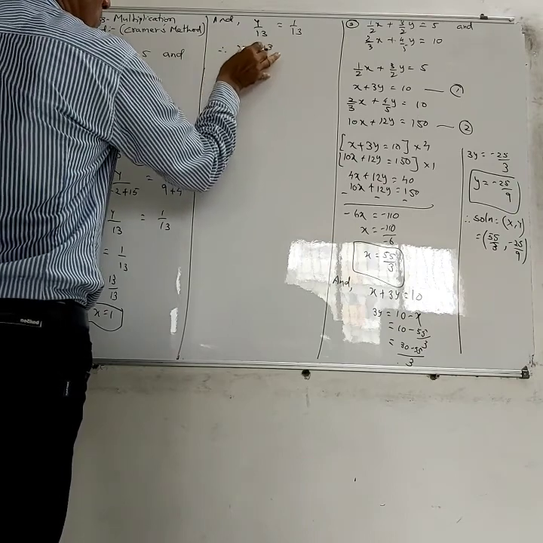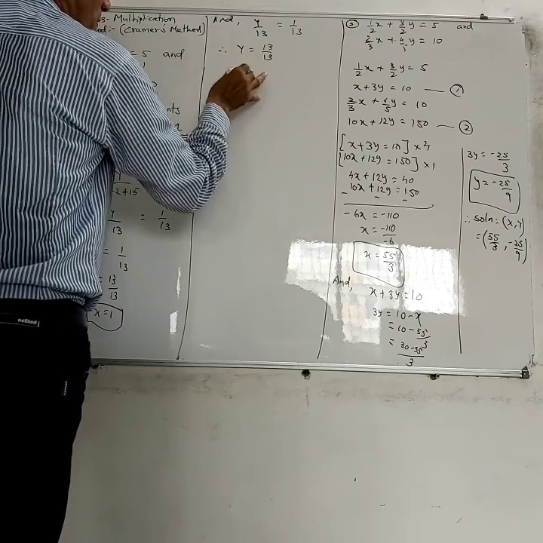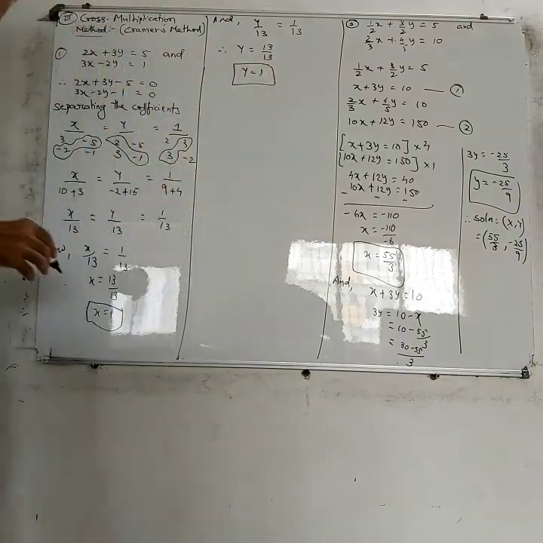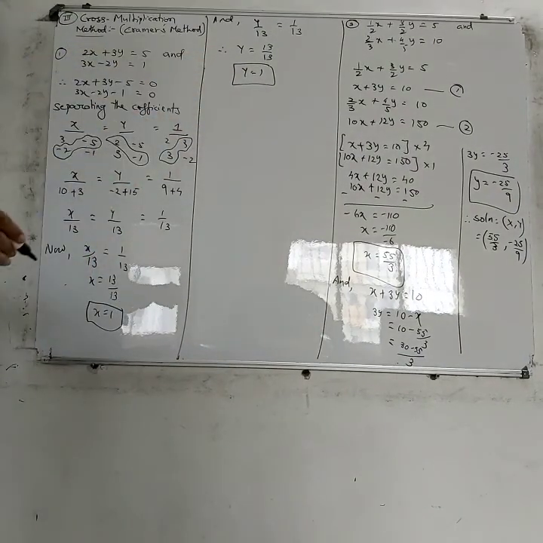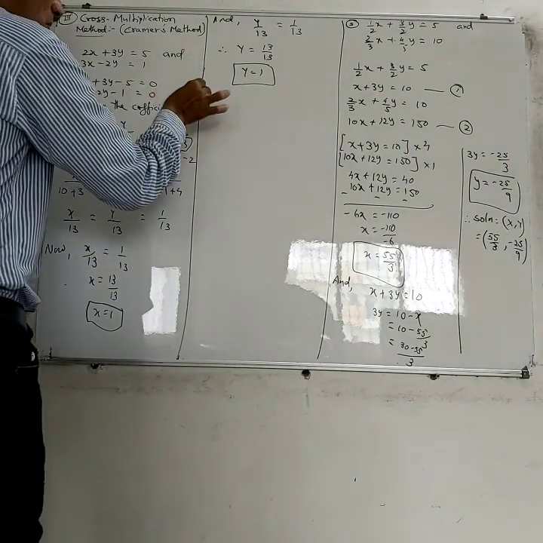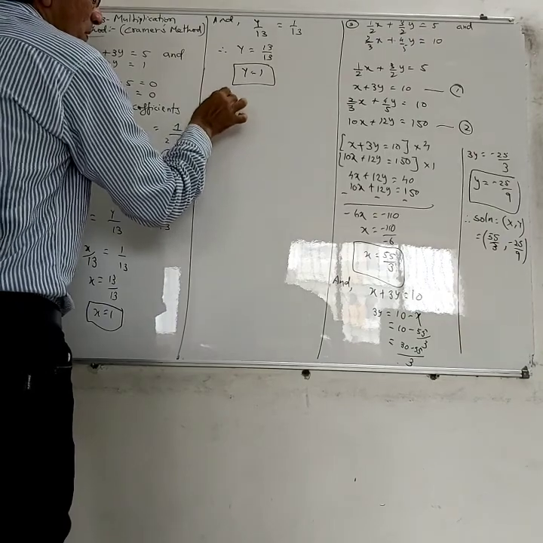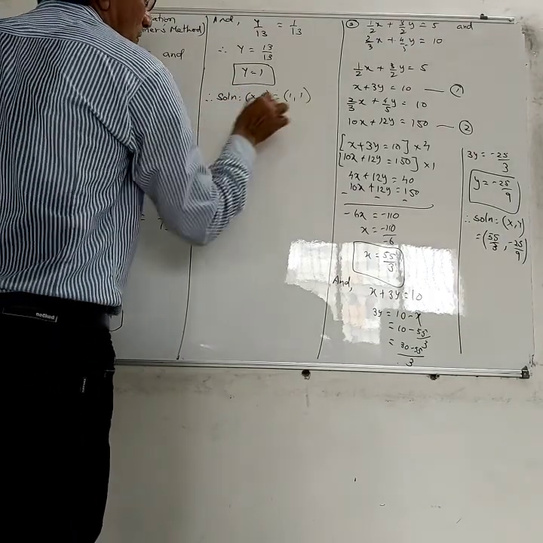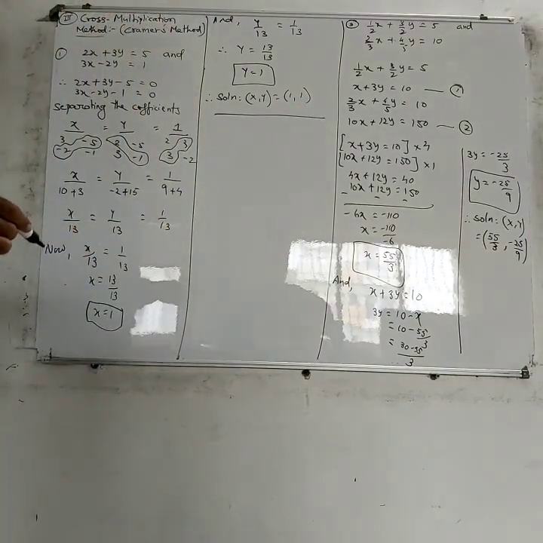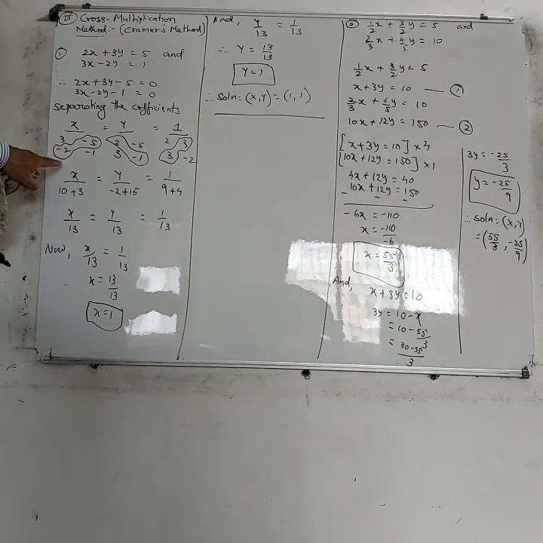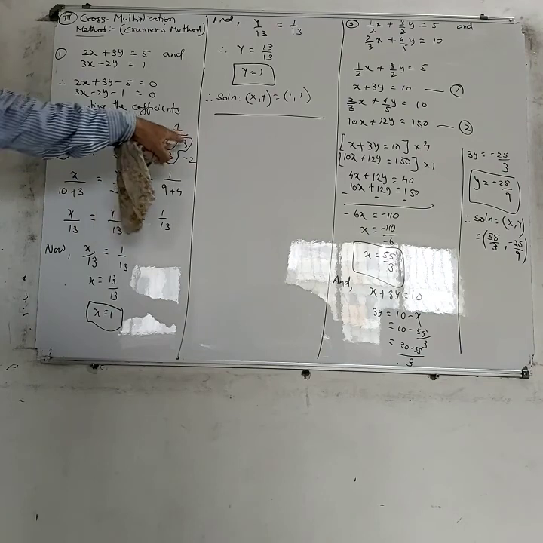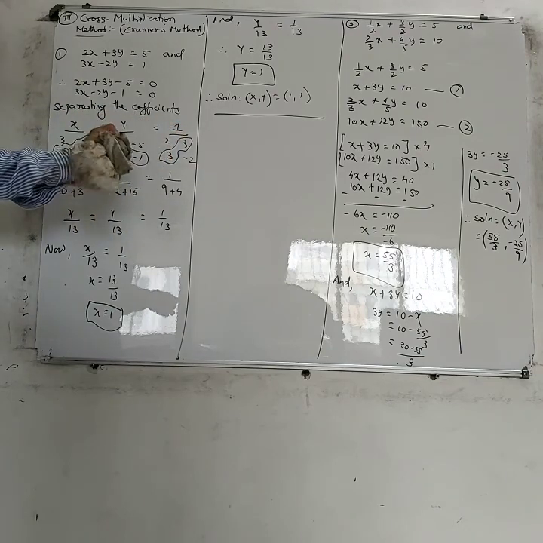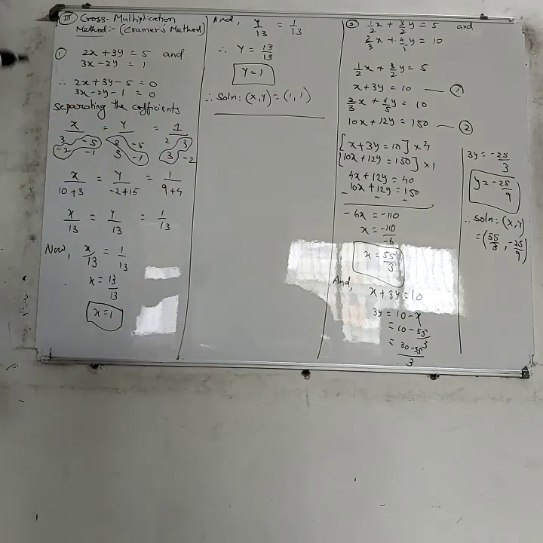Therefore, y is equal to 13 upon 13, y is equal to 1. Now you have the solution of both. Therefore, the solution (x, y) is equal to (1, 1). Now you can see this method is slightly different. You must be careful when you multiply this way, otherwise you will go wrong.